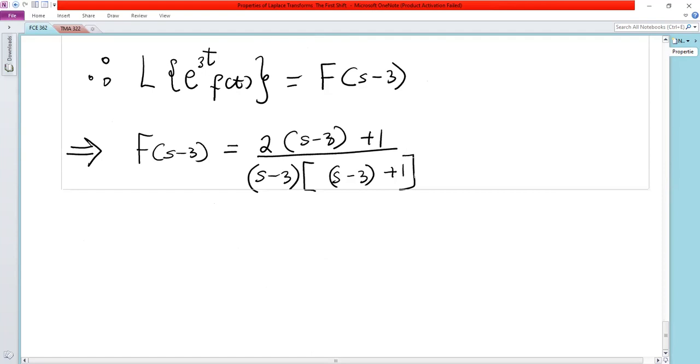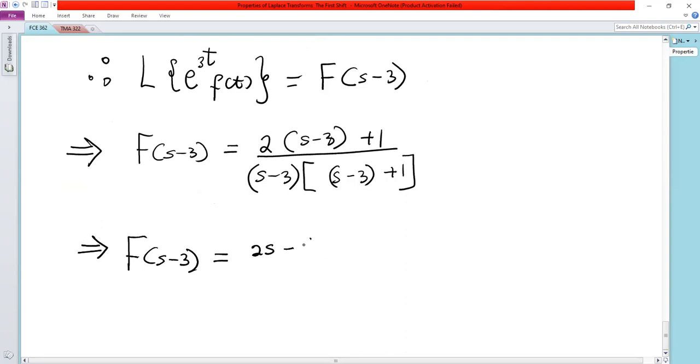So in simplification of this, we get capital F of s minus 3 equals 2s minus 6 plus 1 divided by s minus 3 into s.